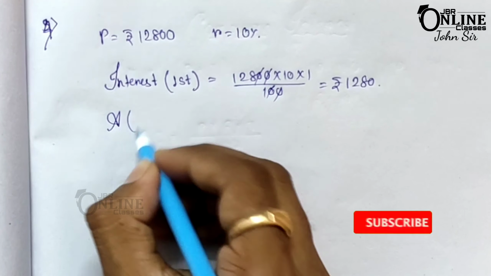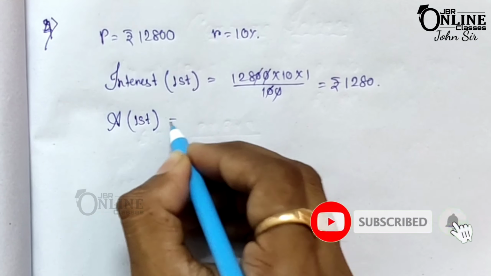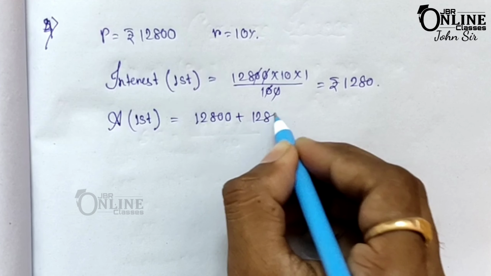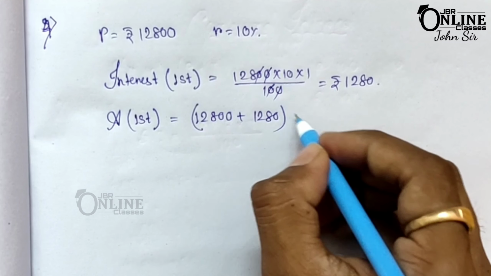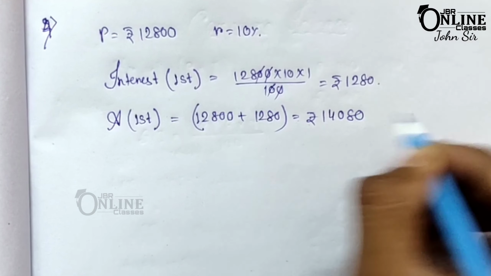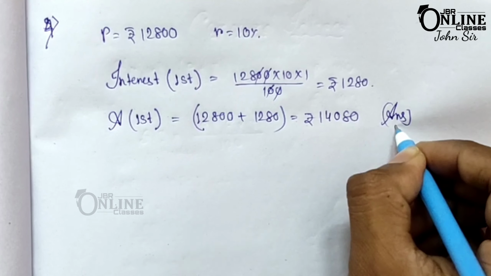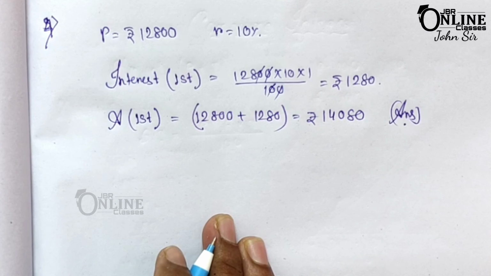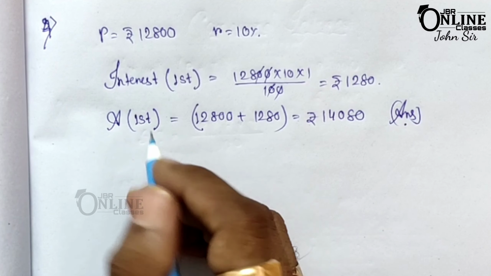Then the amount after the first year equals principal plus interest. So that becomes rupees 14080. That is the first answer. Now the second one, the interest he earns for the second year.